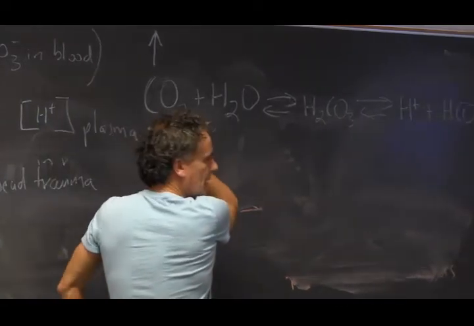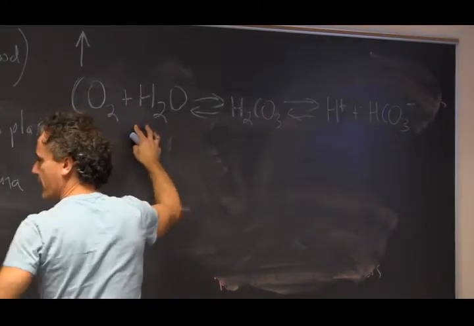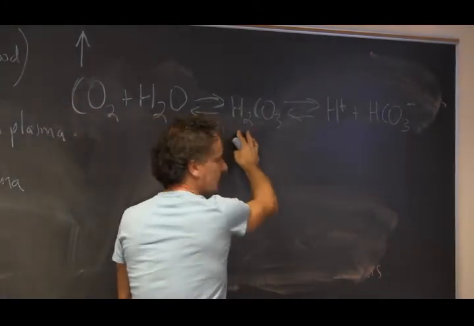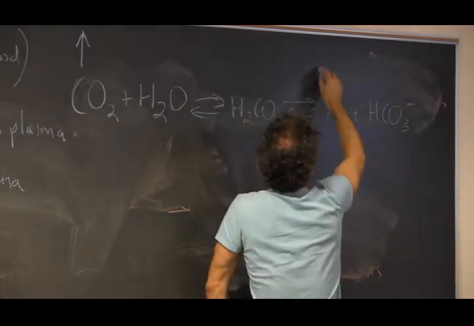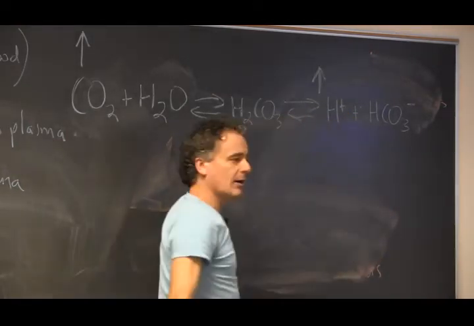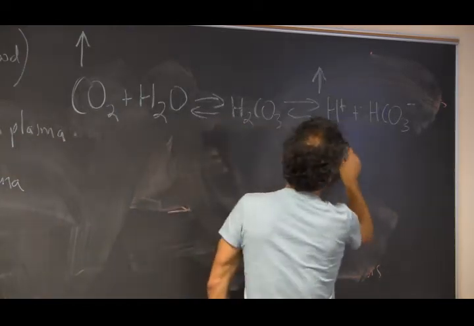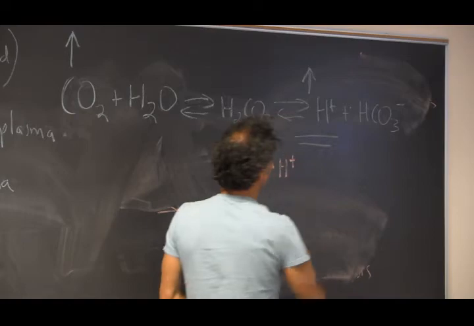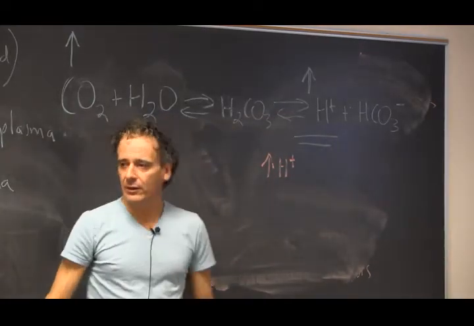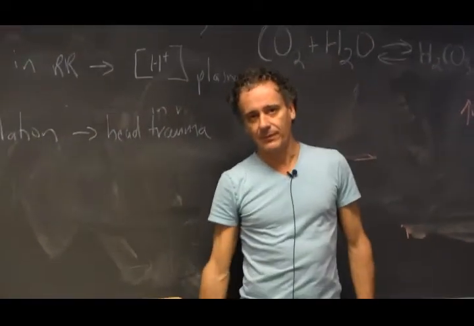The CO2 reacts with water in the red cell to form carbonic acid, and therefore now we increase the production of hydrogen ions and bicarb. So we begin to see an elevation in the hydrogen ions in plasma due to a respiratory reason.